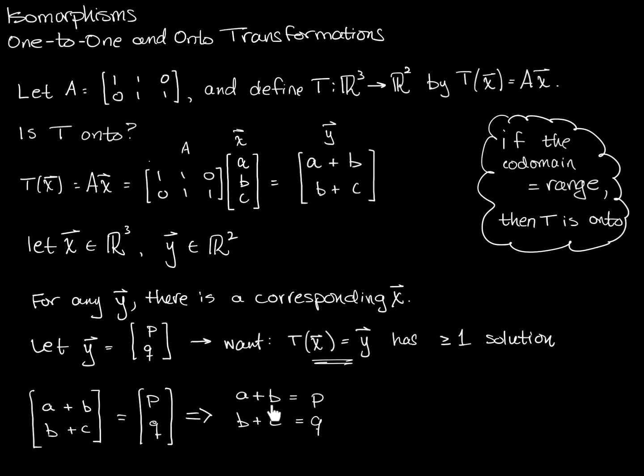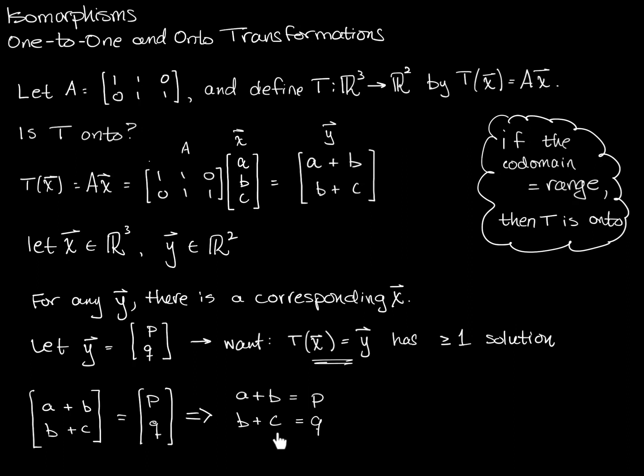Can I find two real numbers that add up to some real number P for any P? Sure. I don't care what P is, I can find a way to add up two numbers to get P. There are actually lots of different ways, but that's okay as long as I can find one. And I would make the same argument for Q. I can find any two real numbers that add up to Q.